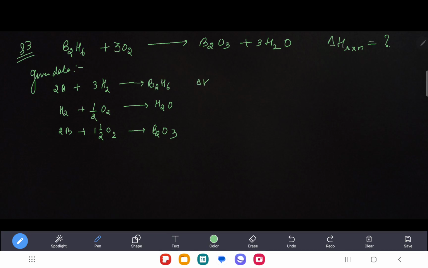And delta H reaction for this is plus 36 kilojoule per mole. Now, first, by looking at the reaction, you have to tell me what enthalpies are given to you basically. What enthalpies are given to you?